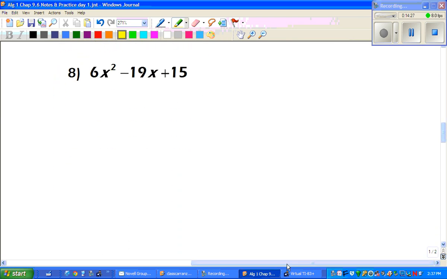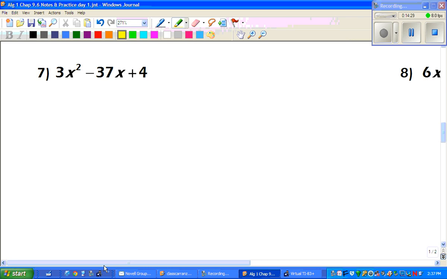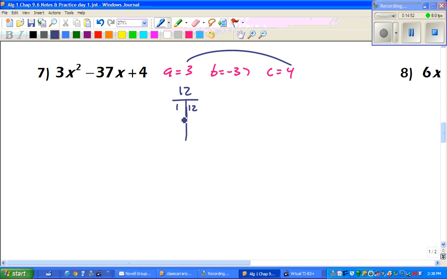All right, number 7. Can we take out a GCF out of this? Hopefully you're all saying, Mr. Grice, no, we can't. Good job. Okay, so A is 3, B is negative 37, and C is 4. Factors of 12 are 1 and 12, 2 and 6, 3 and 4.